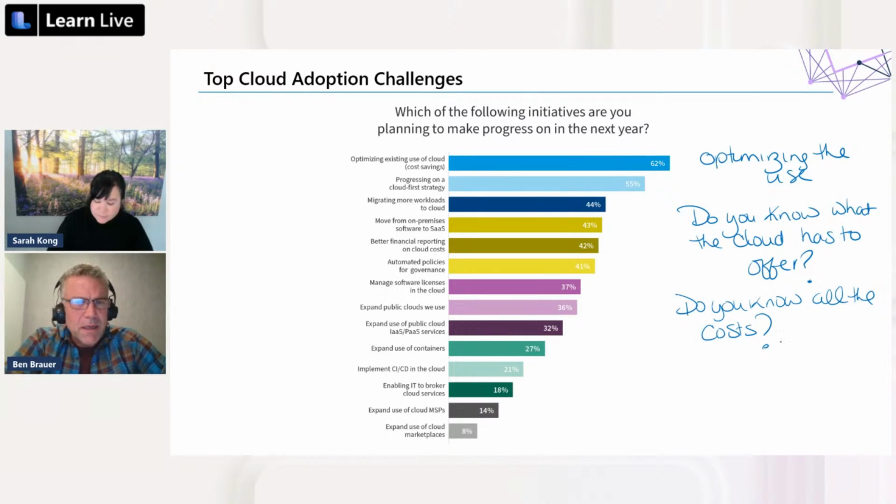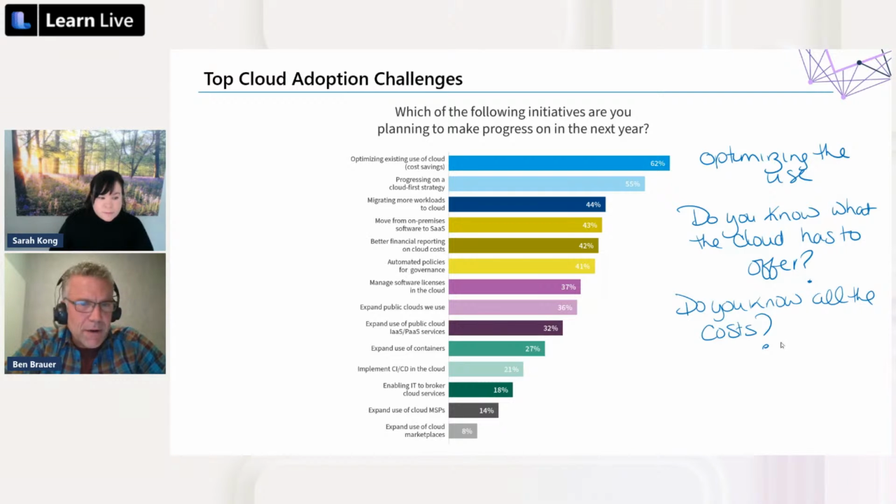So the question becomes, what are you paying for? This is where you start to realize cost optimization, or cost efficiency, is a really important aspect when it comes to how you should go about adopting the cloud. And this is something we'll talk a lot about in just a couple minutes.